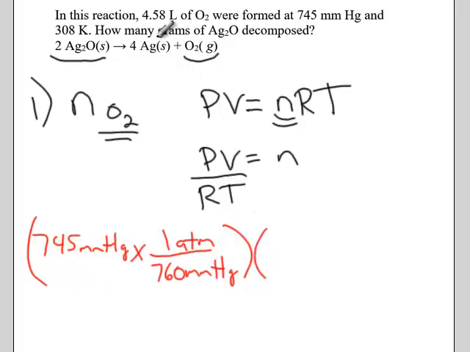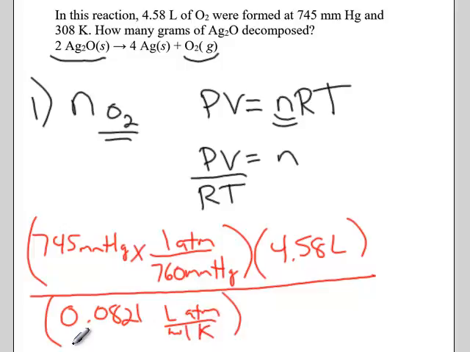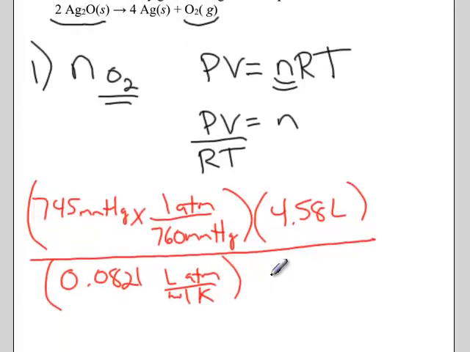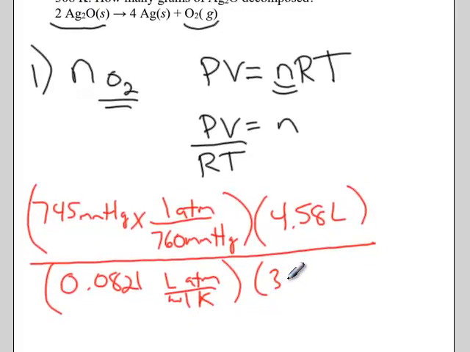The volume V was 4.58 liters of oxygen gas. Gas constant R. And the temperature T was 308 Kelvin.